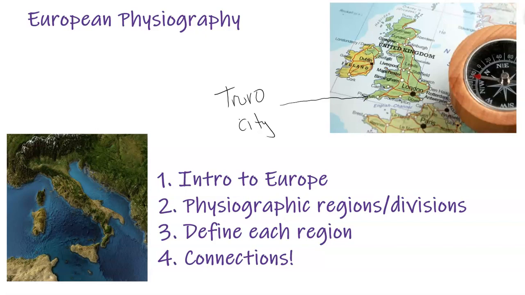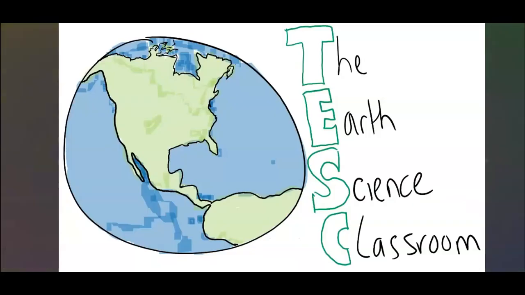We're going to discuss the different regions and divisions in Europe, and have a brief discussion on each one, quickly covering where they are and the countries they contain, and then look at the connections, how we connect this with geomorphology, volcanology, plate tectonics, orogeny, geologic history and time, and how certain parts of Europe connect very nicely with parts of the Middle East and parts of Asia. All right, so join me now.